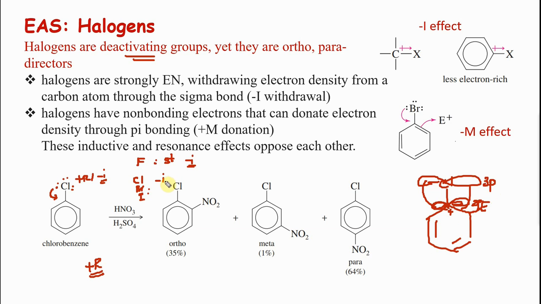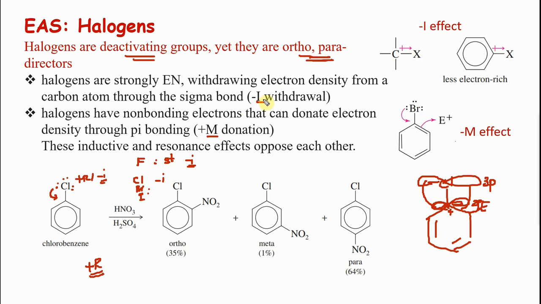Okay, that it is in net effect is, even though it is going to be deactivating group, still the plus R wins marginally, so it is going to be orthopara director. Okay, they are going to be orthopara but not very happy about it. So minus I irukum plus M irukum, they oppose each other.